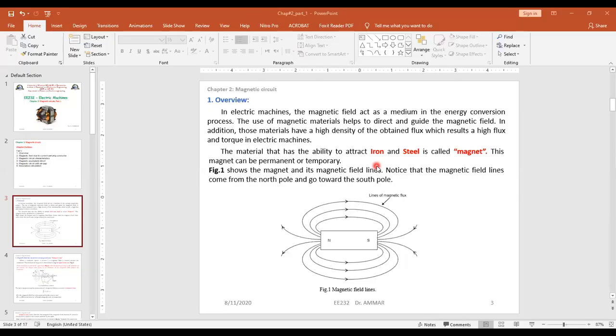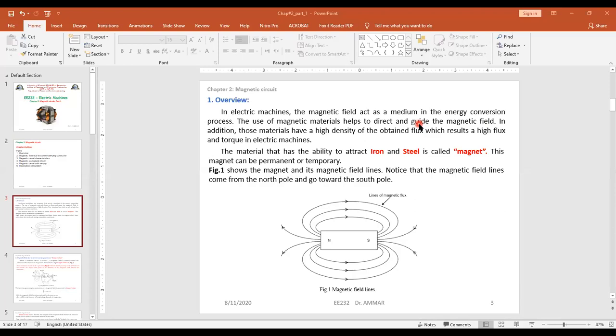Another important point is what we call the magnetic materials. The use of magnetic materials helps to direct and guide the magnetic field. The magnetic field can displace in the air, يعني يقدر يديبلاسي, in the air or in vacuum or in void.